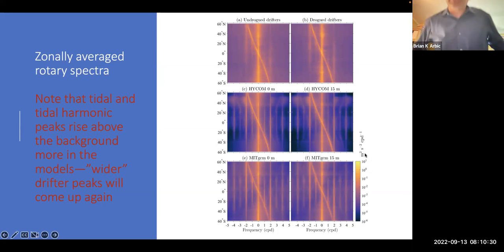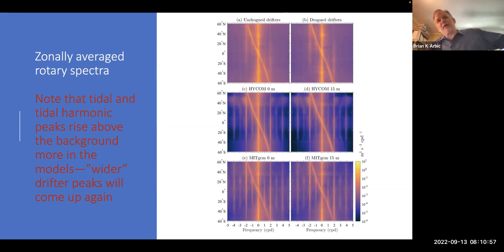Or another way to say this is that the tidal peaks tend to be wider in the drifters. They blend into the background and don't stand out above the background as much as they do in the models. This is an important fact for the semidiurnal band especially. There are several papers already in the literature about this, which we cite in our paper.